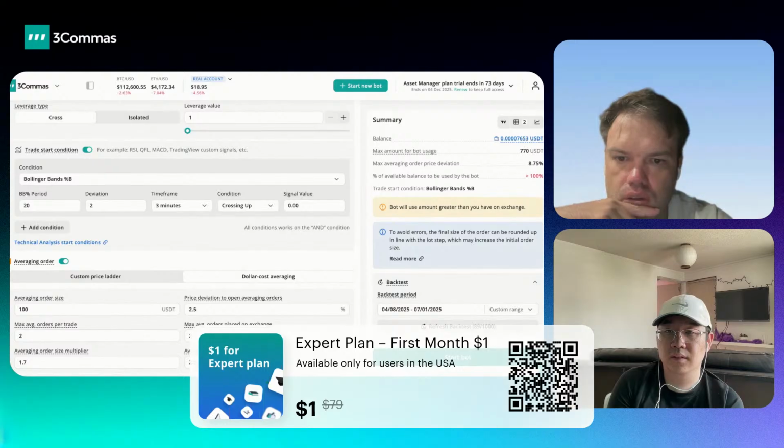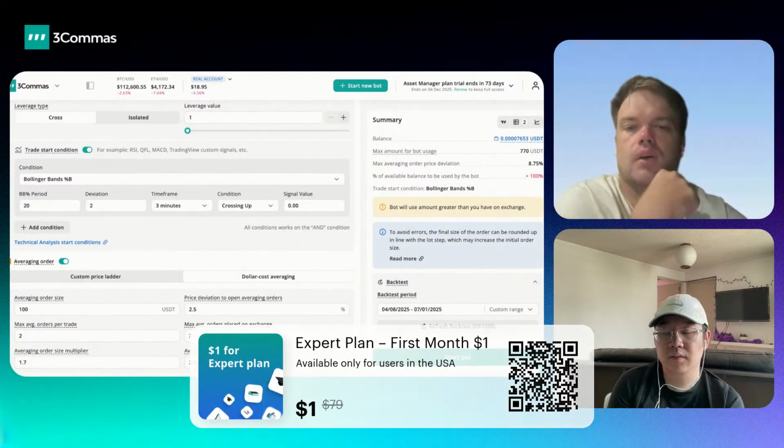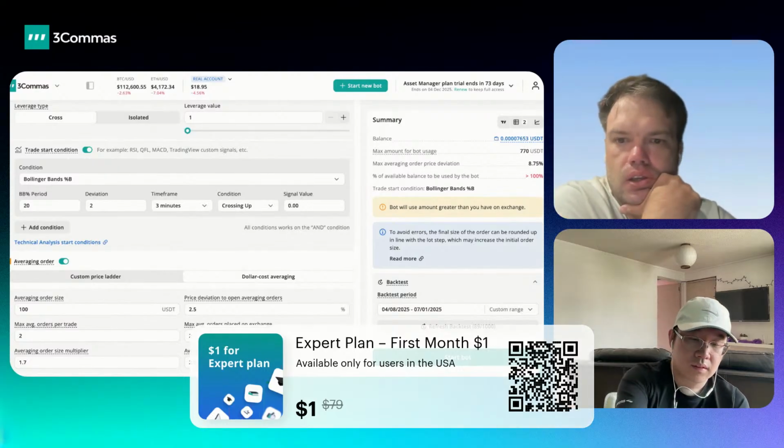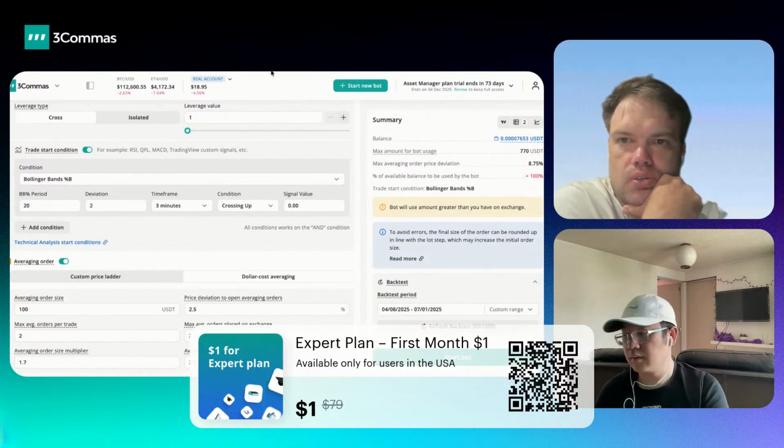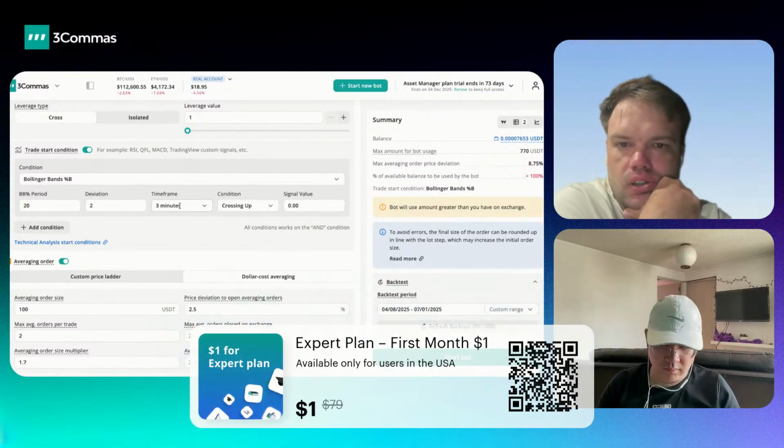Okay, so period 20, deviation 2, 2 minutes. I don't really love 2 minutes, I would love 15 minutes. And signal value is set to 0 by default. We can leave this.